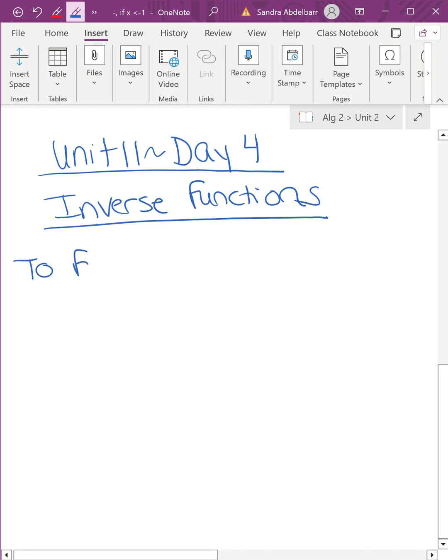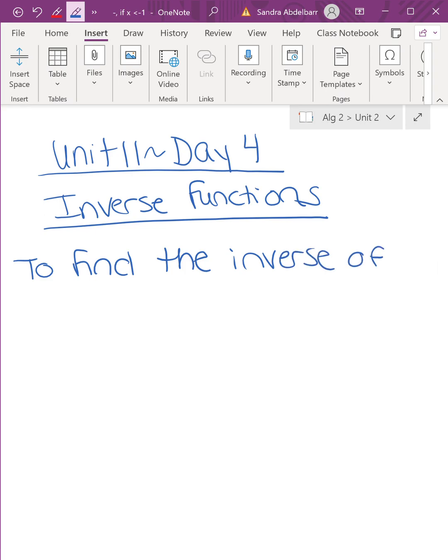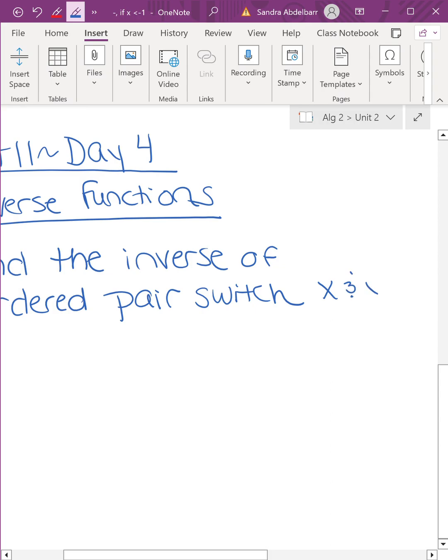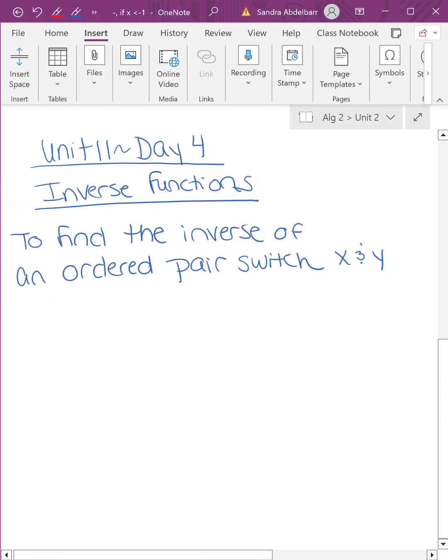To find the inverse of an ordered pair, switch x and y. So the inverse of (1, -1) is (-1, 1). Yeah, we're going to do it.